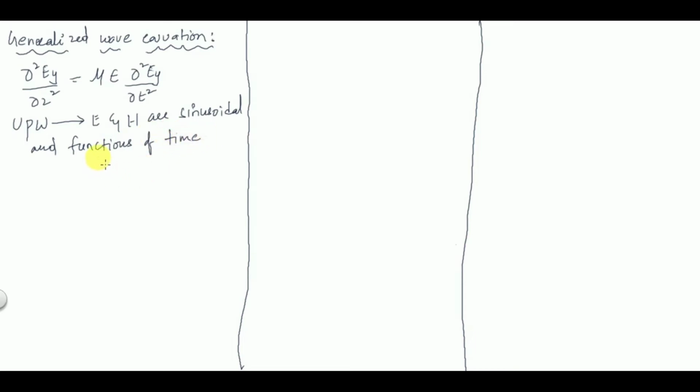That is why we told in the first lecture of waves that a wave is a function of space and time. So when it is sinusoidal, you can represent this ∂²Ey/∂t² in terms of frequency. Harmonically we can represent this. So how to represent it harmonically?